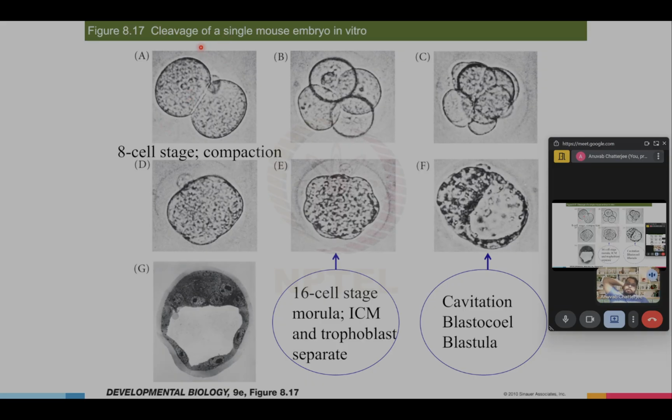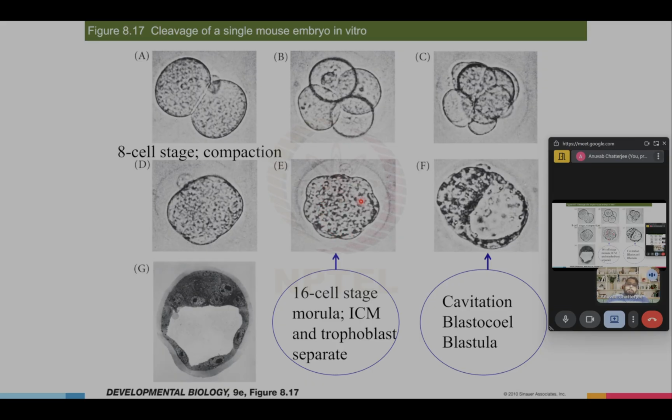In case of a mouse embryo, this is the 2-cell stage, 4-cell stage, this is the 8-cell stage, and then we have compaction, and then we go on to have a 16-cell stage, which is known as the morula. So morula is when the cells appear as a ball of multiple cells.